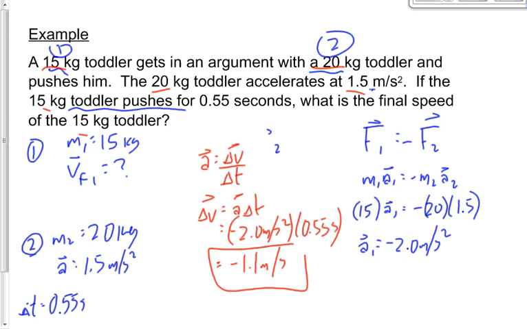Second question is, we get a value of 1.1 meters per second squared. Let's not pay attention to that for a second. Let's look at the acceleration of the second object, or the first object, I should say, negative 2. It's a bigger value than the acceleration of the 20 kilogram toddler. Should it be? Elizabeth, should this acceleration 2.0 be bigger than 1.5?